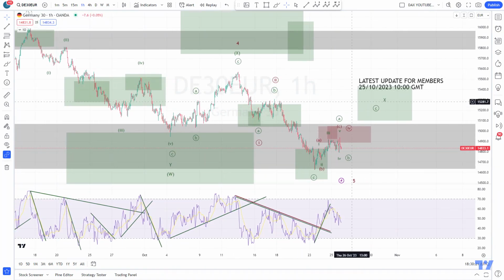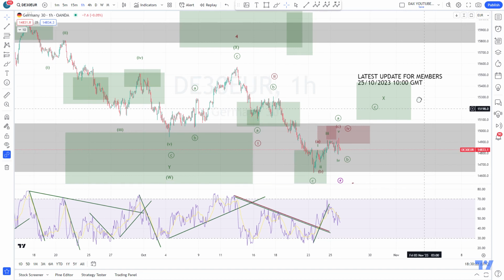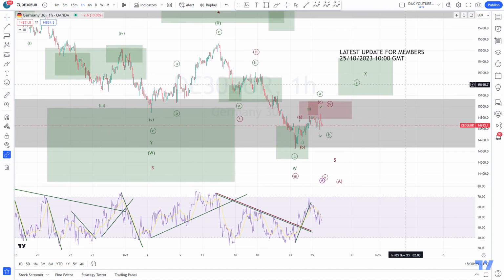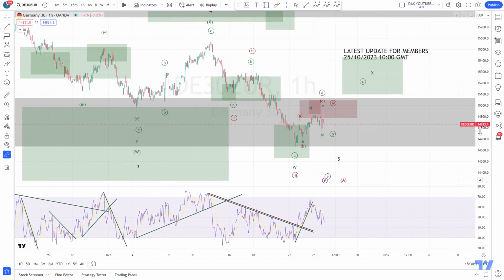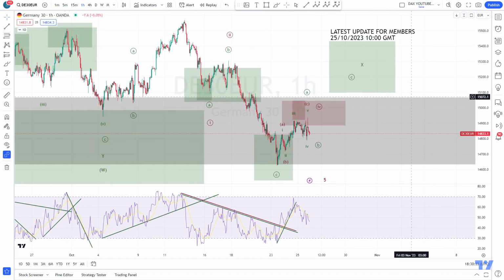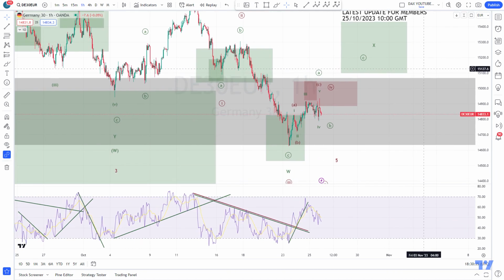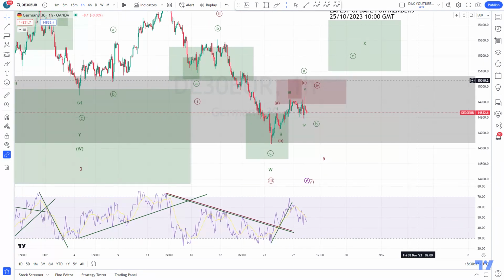And so if we now zoom in, or if we take the 1 hour time frame, it is kind of difficult here, especially because the market is giving us very corrective price action among all the indices.